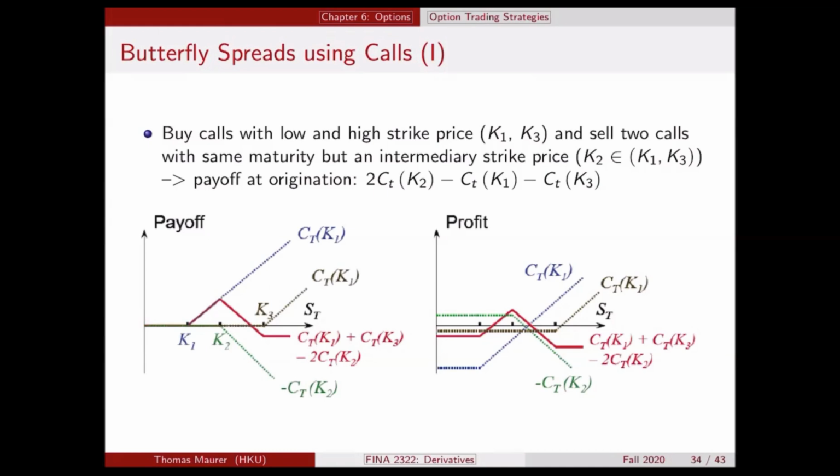At the end of the day, the profit has to be in such a way that in some states of the world you get a positive profit, and in some states of the world the profits are negative, otherwise there would be an arbitrage opportunity. In the particular way I draw it over here, you lose money if the price of the underlying decreases sufficiently or increases sufficiently, and you make a profit if the price of the underlying stays somewhere close to K2.